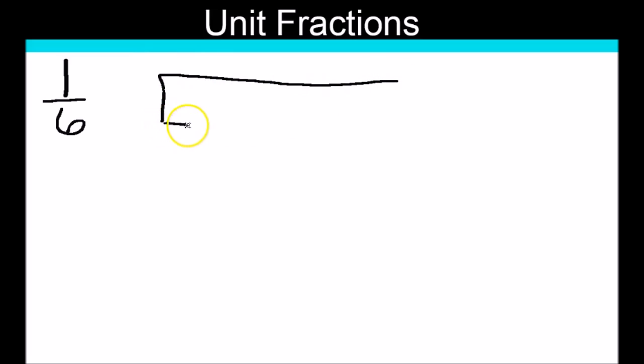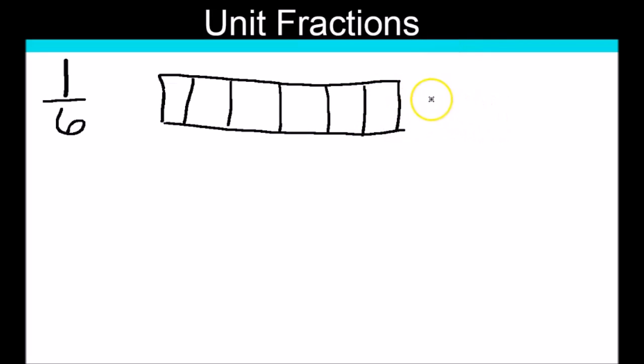Drawing on a tablet can be a little difficult. So here's our tape diagram, and our denominator is 6, so I'm going to draw 5 lines. 1, 2, 3, 4, 5. So I have my tape diagram with 6 parts.